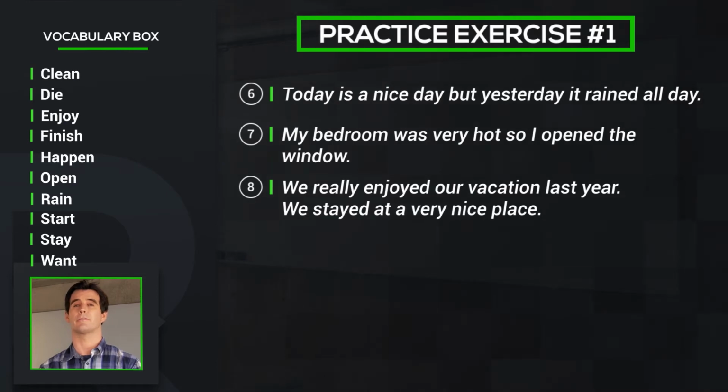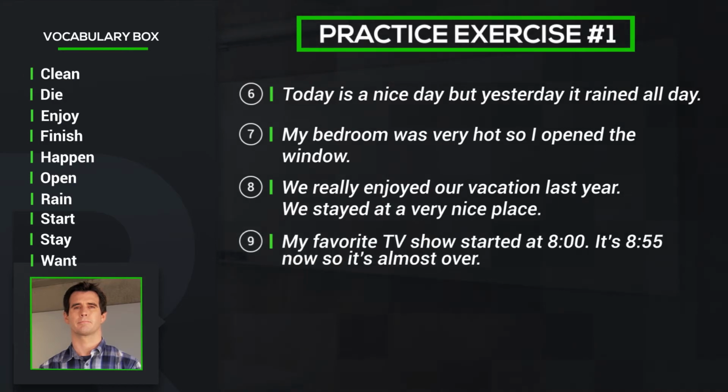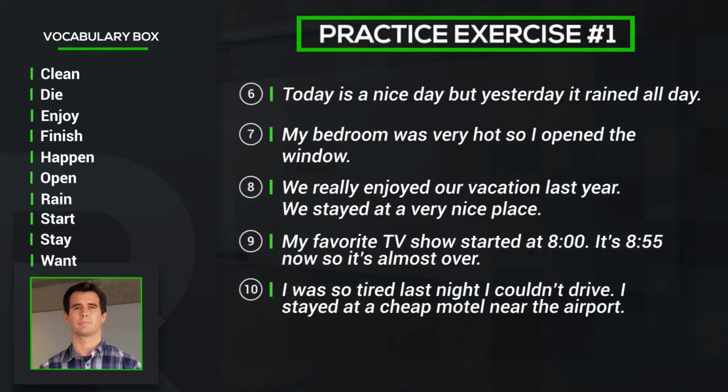We stayed at a very nice place. My favorite TV show started at 8. It's 8:55 now, so it's almost over. I was so tired last night, I couldn't drive. I stayed at a cheap motel near the airport.